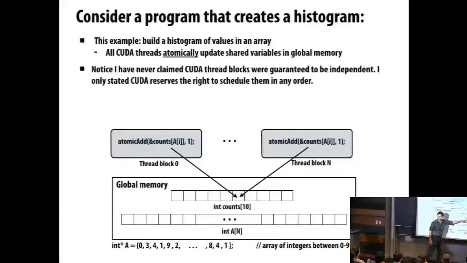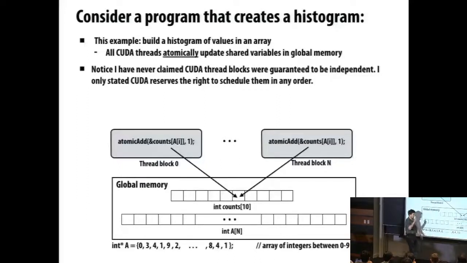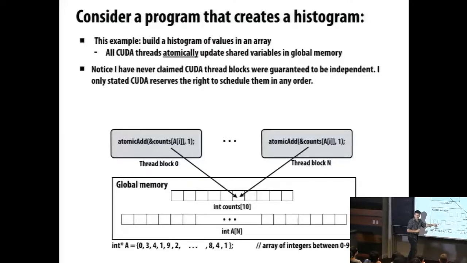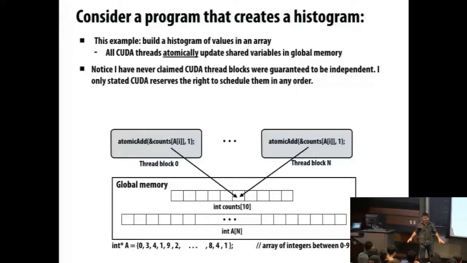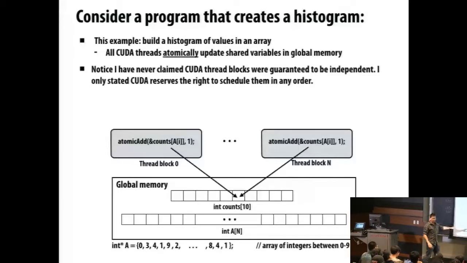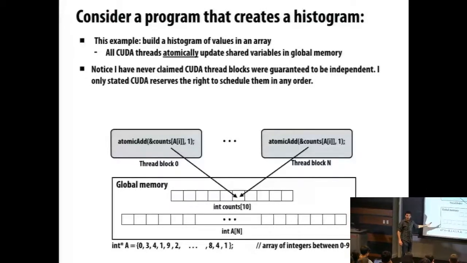I have a histogram of 10 bins, and I just take the integer a sub i and increment that bin. All thread blocks are working on this at the same time. Well, does this program deadlock? Different thread blocks are now sharing variables. Is this okay?